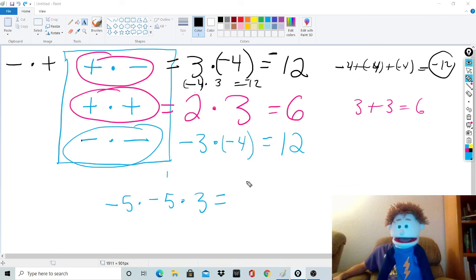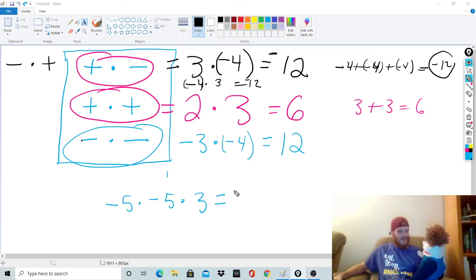Well, let's see. Do a negative times a negative first, which means it's positive. And that makes a positive times positive, which is positive. -5 times -5 is a positive 25, because a negative times negative is always a positive. Times 3 would be 75 positive.